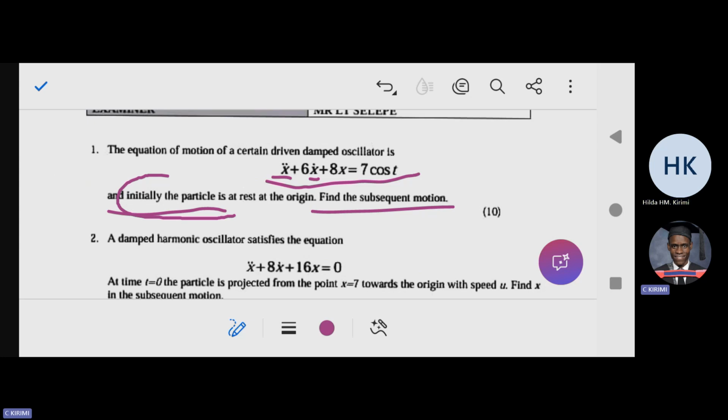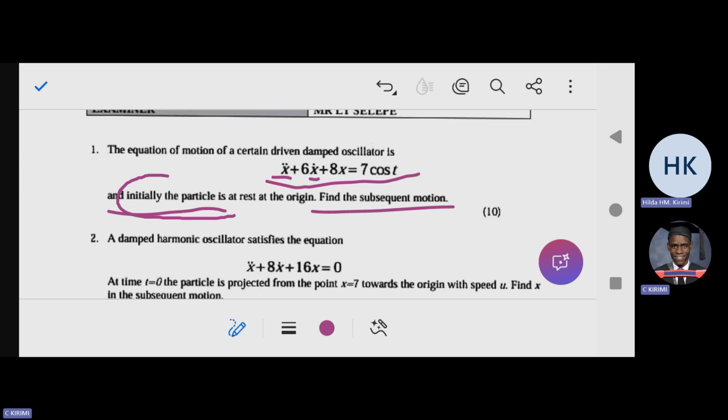Yes, these are the initial conditions. So they have told us that it is also at origin. What does origin mean? Isn't it displacement, the position?